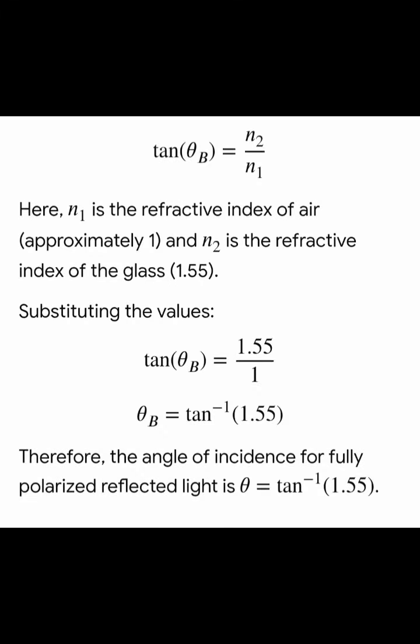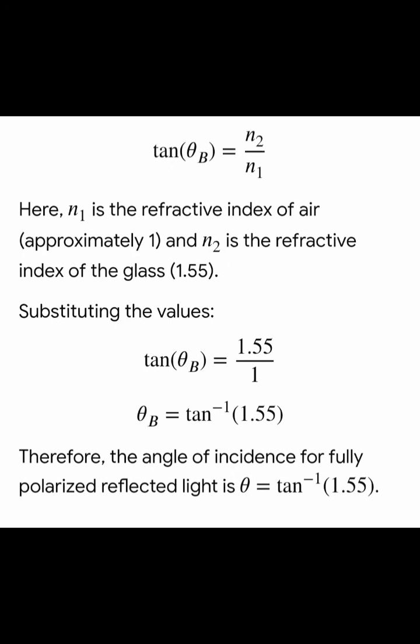Next question is, assume that monochromatic light is incident at the air glass interface of a glass plate having refractive index n equal to 1.55. What should be the angle of incidence for the reflected light to be fully polarized? So tan theta b, that is Brewster's angle, is equal to n2 by n1.